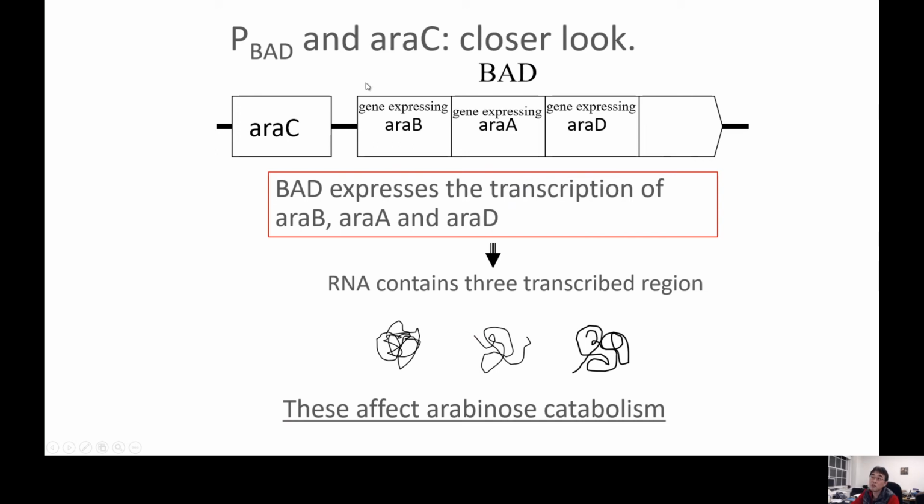So again, if arabinose is present, you want to be able to use it as an energy source, and then the cell expresses these three proteins that have to do with arabinose catabolism, breaking it down and using it as an energy source. So keep that in mind.